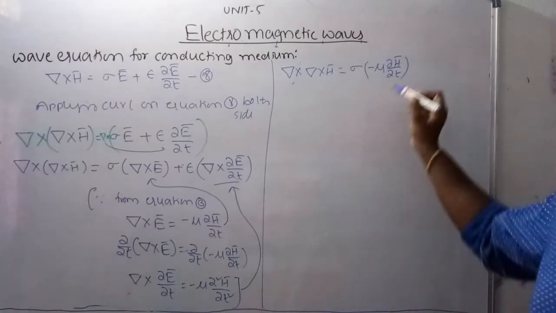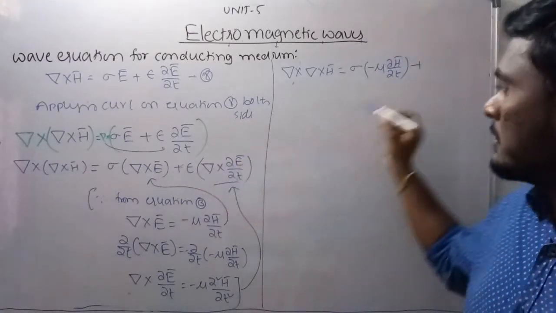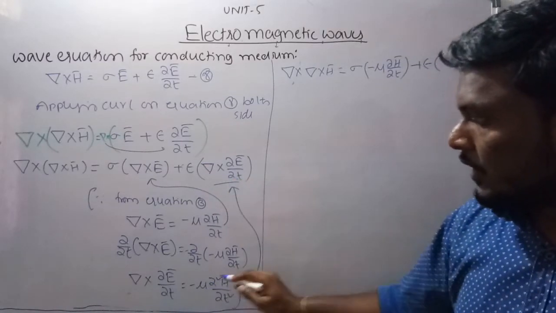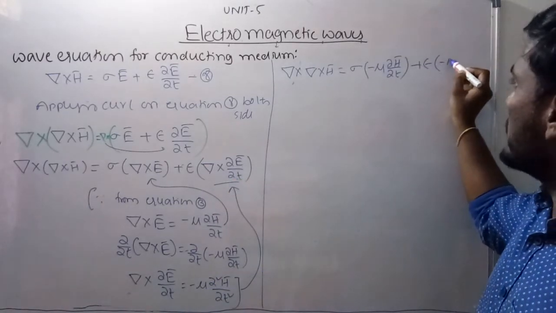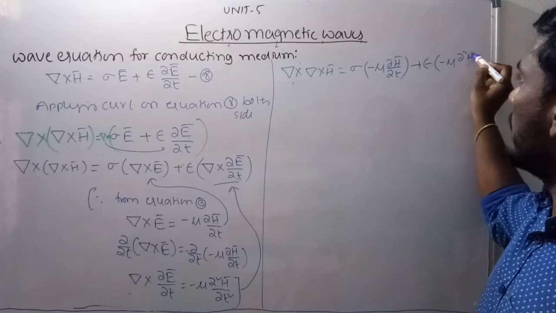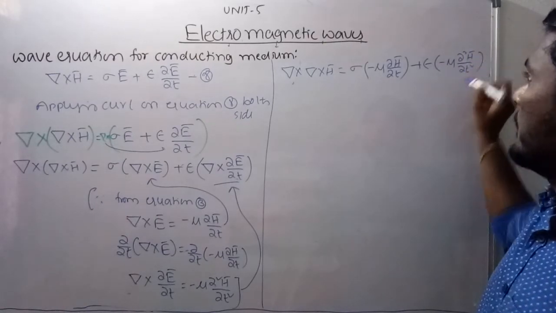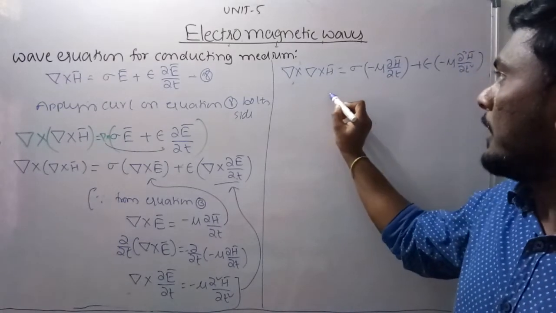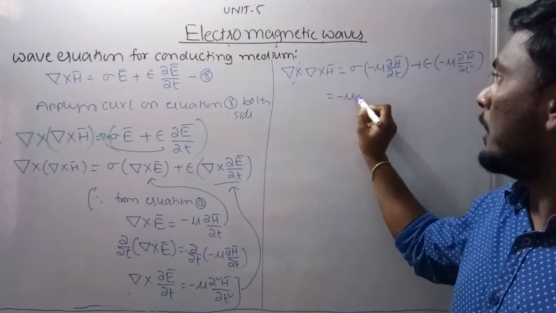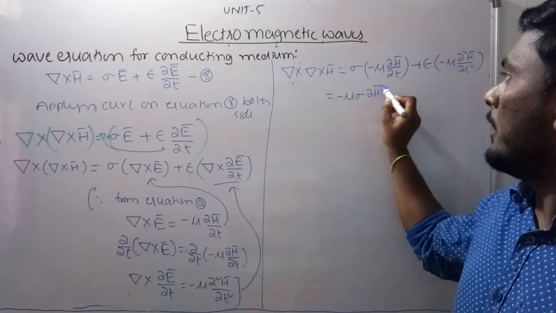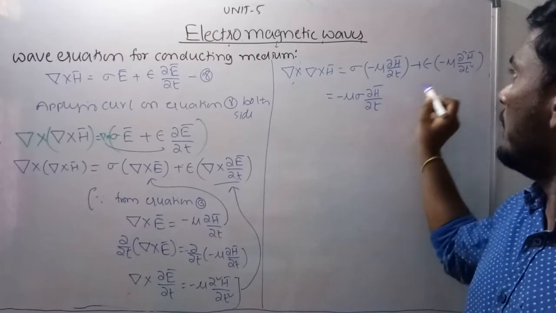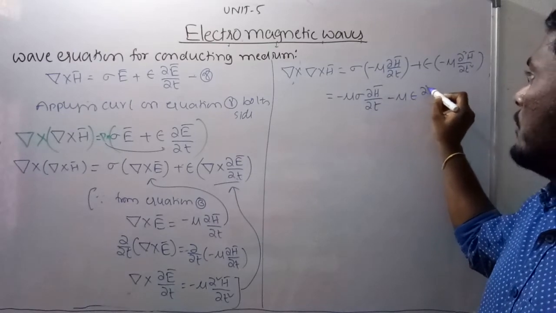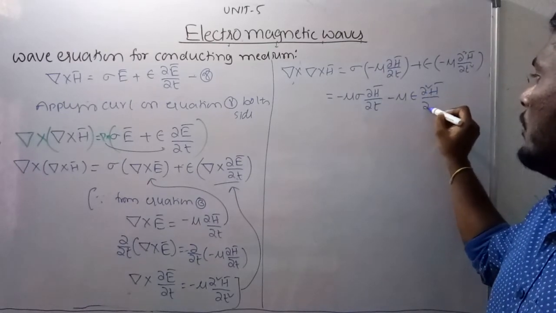Completed. Next, plus epsilon times del cross dou E bar by dou t, which is minus mu times dou square H bar by dou t square. Now simply multiply these terms: minus mu times sigma dou H bar by dou t, and here also plus into minus minus, so plus mu times epsilon dou square H bar by dou t square.